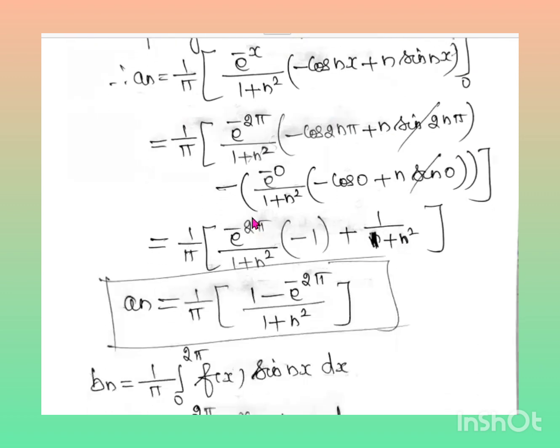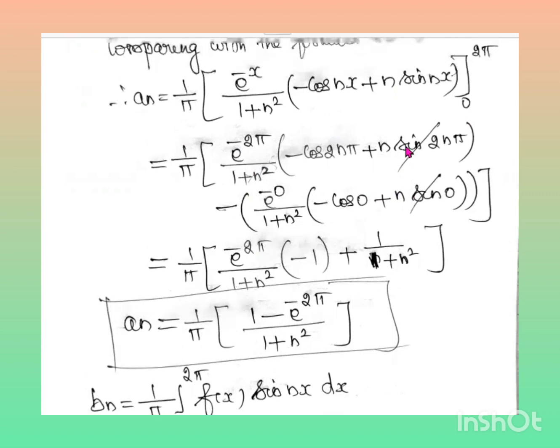So (1/π) into e^(-2π) divided by (1 + n²) into (−cos 2nπ + n sin 2nπ), applying the upper limit as well as the lower limit, minus e^0 divided by (1 + n²) into (−cos 0 + n sin 0). sin 0 is 0, sin 2nπ value is 0. cos 0 is 1, cos 2nπ value is 1.